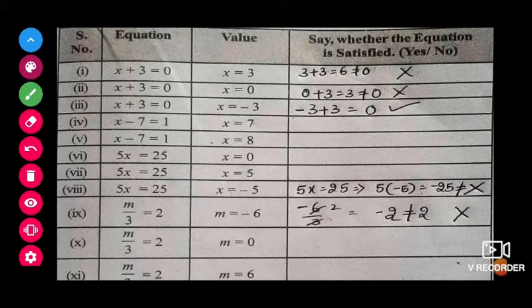What they are asking is from the table whether the given value of x will satisfy that equation or not. What is meant by satisfy? It means if we substitute this value in this equation, we should get RHS and LHS both the same value.